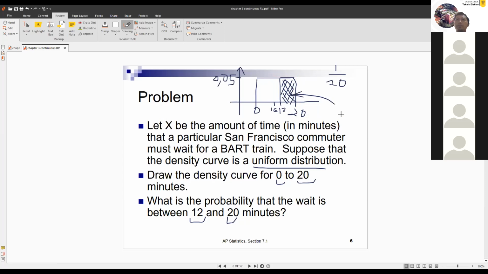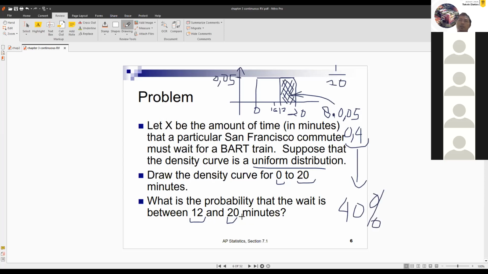Actually, we can simply compute that the size of this area is 8 times 0.05. Why 8? Because 20 subtract 12 is 8, multiplied by 0.05. So it is equal to 0.4, right? The probability that the wait is between 12 until 20 is 0.4, or equivalently 40%.